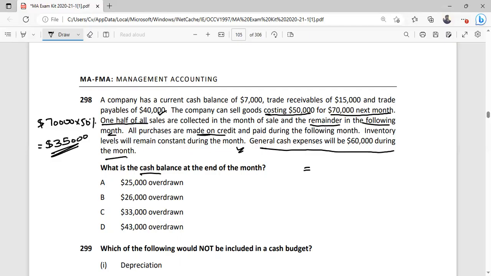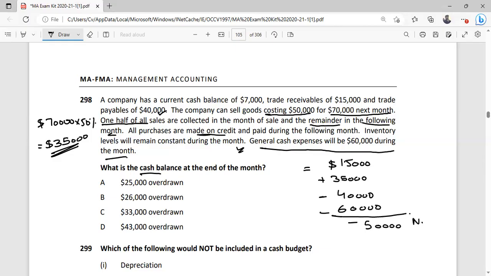So we have cash received. First of all, we will receive 15,000 from the receivables. We received 35,000 from the current month. We paid to our supplier 40,000, and we paid for the general cash expenses of 60,000. So we are in negative with 50,000.